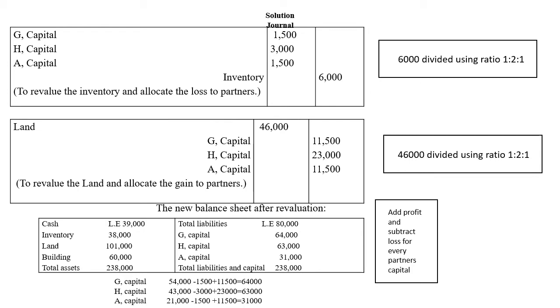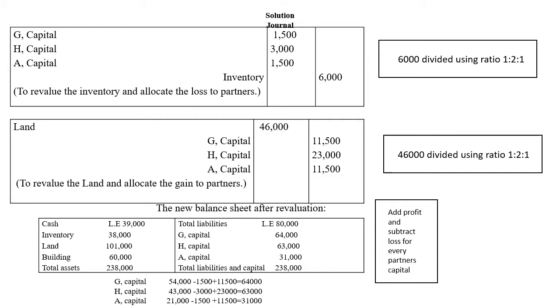He had a decrease in his capital by 1,500 from the journal of the inventory. And he had a plus to his capital by 11,500 from the profit of the land. Then his capital will appear in the balance sheet after revaluation by 64,000, which is 54,000 minus 1,500 plus 11,500 equals 64,000.